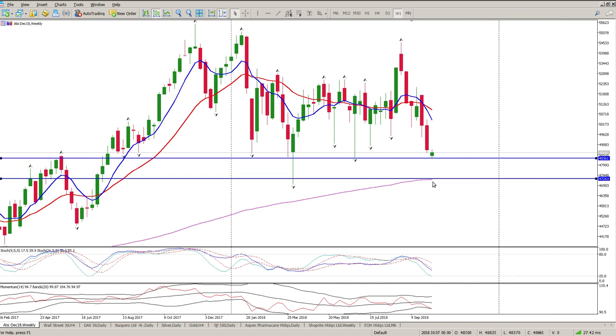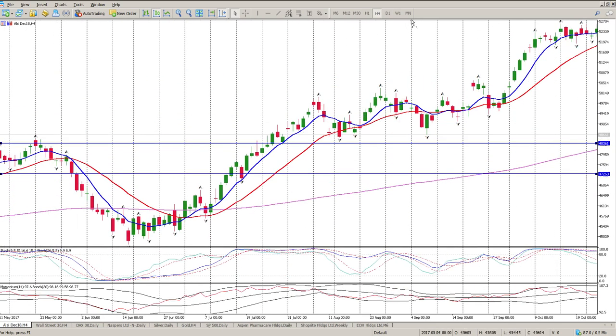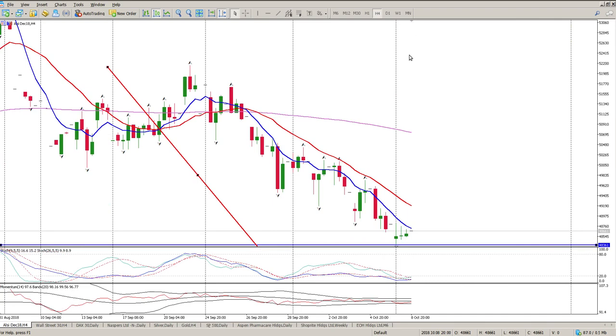Now, the interesting thing to notice is that if we do pop down to this level, the measured move of this here pretty much targets that. Okay, so let's just do that on the 4 hour so you can see what I'm talking about.